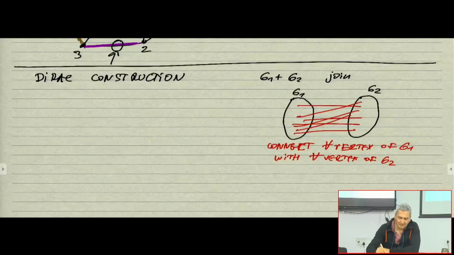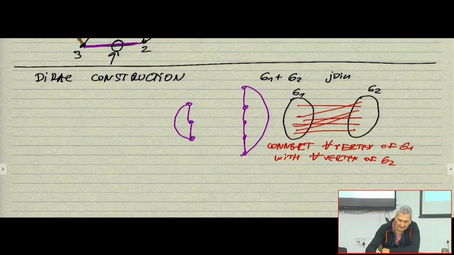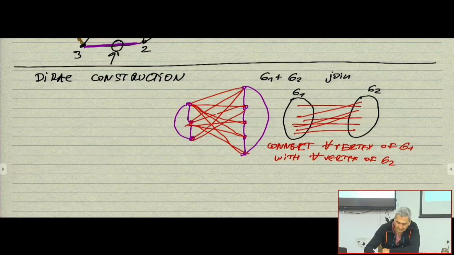For example, if I have K3 here, and I take K5 here, and I connect everything with everything, this is the join of K3 plus K5.